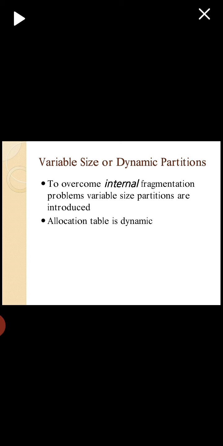It allocates the table depending on your dynamic partition or variable size. This is the representation structure of variable size or dynamic partition: allocation table, start address, size, and your process. That is free because it is a dynamic partition.